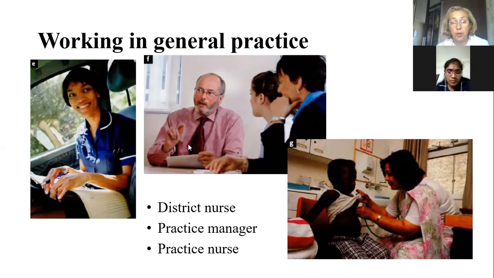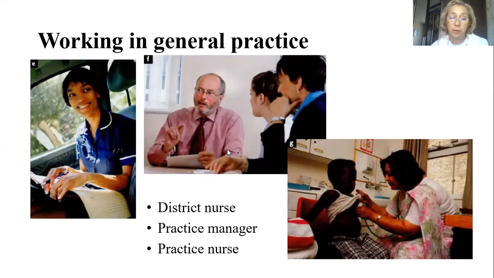As for picture F, they are not doing any kind of medical manipulations. They are discussing the organization of medical practice. So this is the illustration of a practice manager in medicine. And the last one here, you were right about pediatrician, but here we mean that this is a practice nurse that deals with patients.